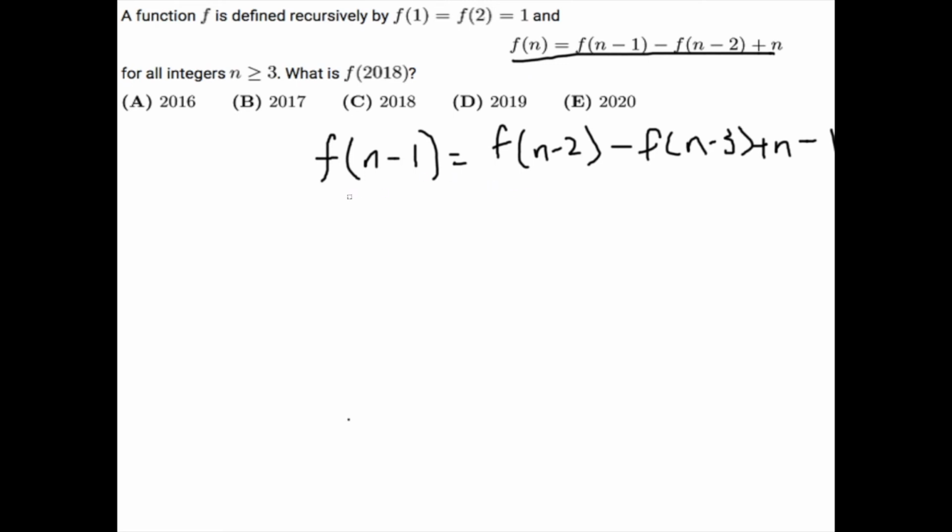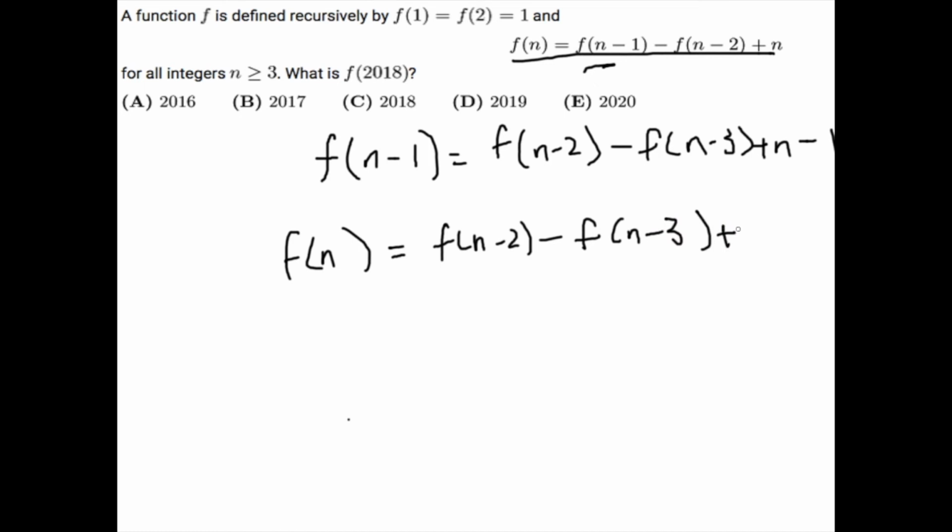So if we plug in f of n minus 1 into this equation right here, we find that f of n is equal to f of n minus 2 minus f of n minus 3 plus n minus 1 minus f of n minus 2 plus n.